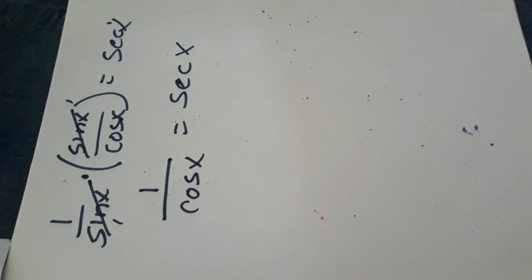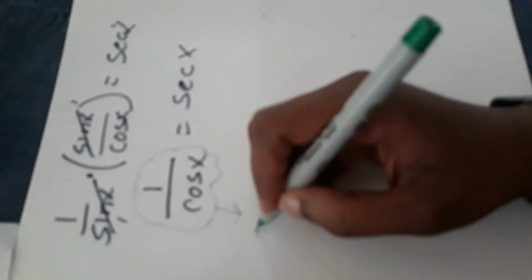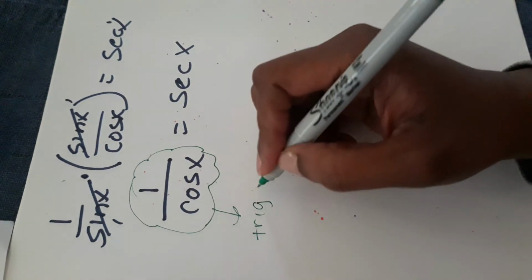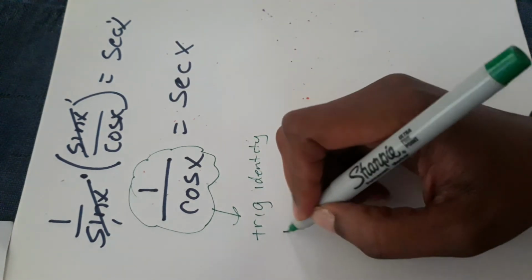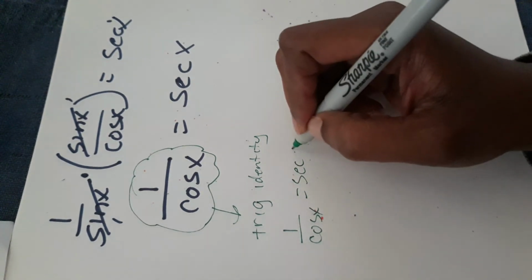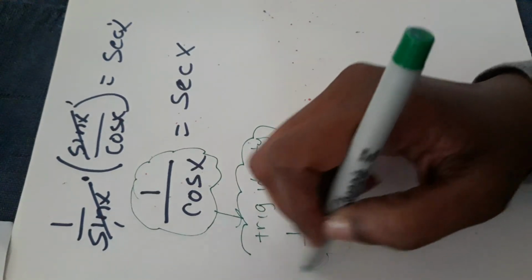Now, we have another little trig identity we're dealing with here. This right here. We know from our trig identity that 1 over cosine x is equivalent to secant x. So, let me put my little green bubble around here.